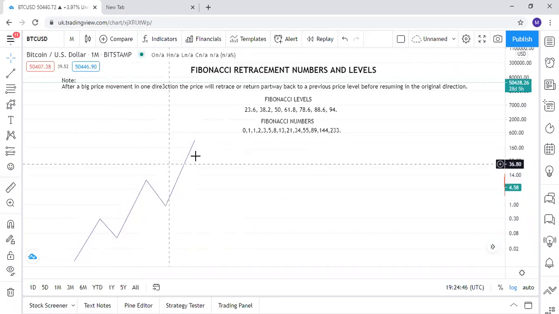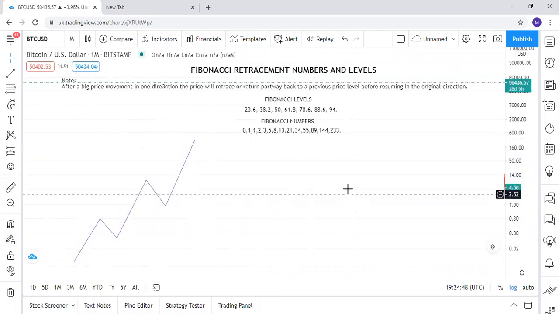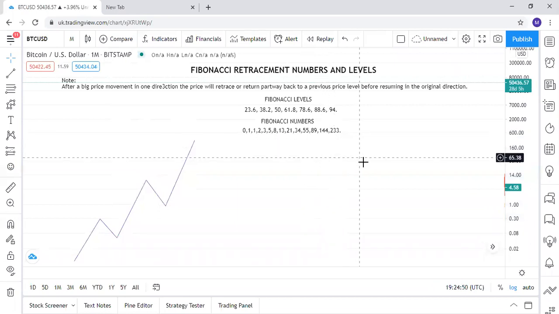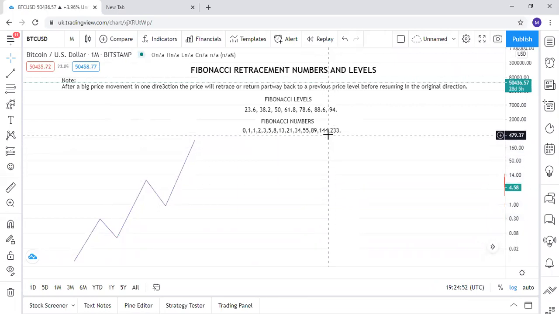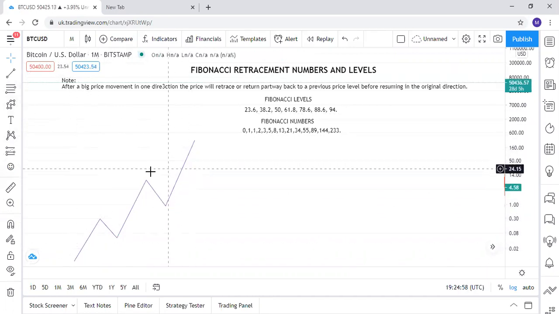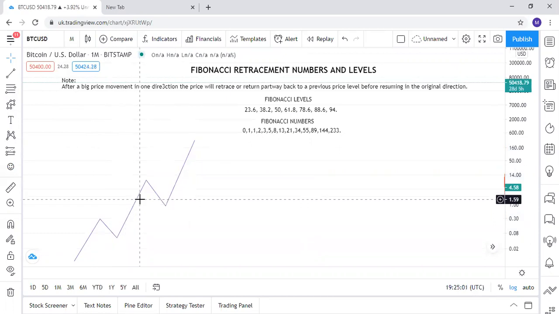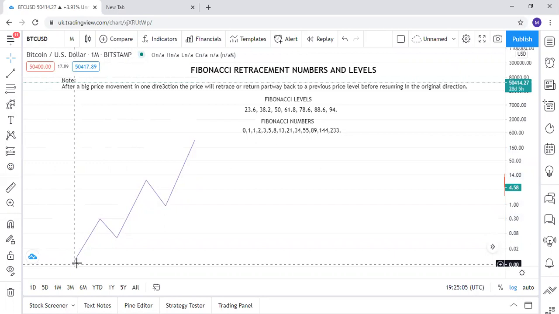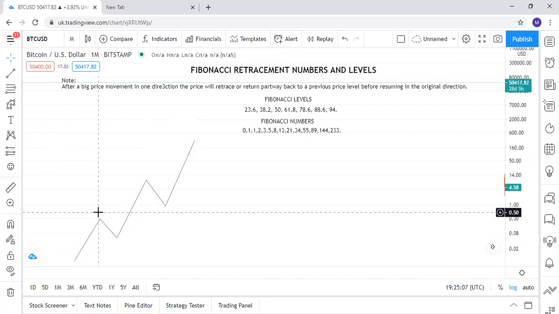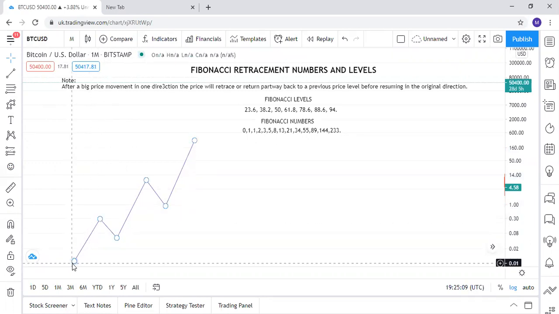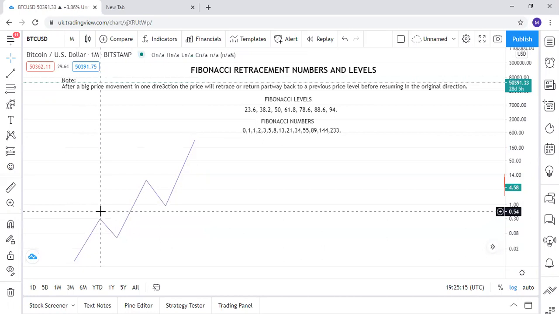And for a downtrend, we mark the fib level from a higher high to the higher low, or from the top swing to the low swing. So for an uptrend, we mark our fib from the swing low to the swing high, the higher low to the higher high.